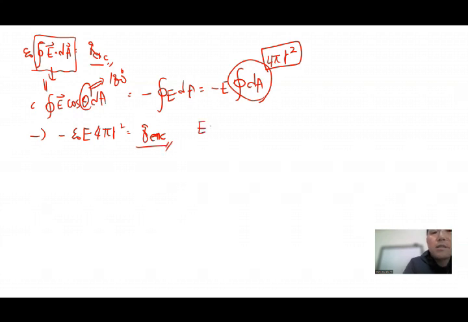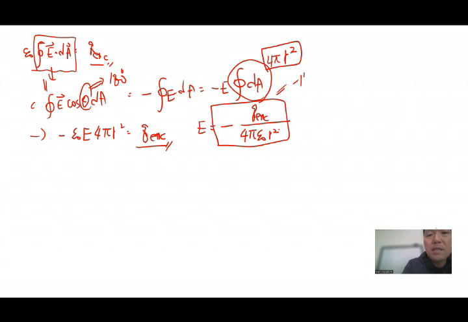So the electric field outside the shell should be minus q enclosed over 4 pi epsilon naught r squared. The net charge inside the Gaussian sphere includes the point charge small q and the charge of the spherical shell, minus 16e, so the total charge is minus 11e. That gives minus 11e over 4 pi epsilon naught r squared.